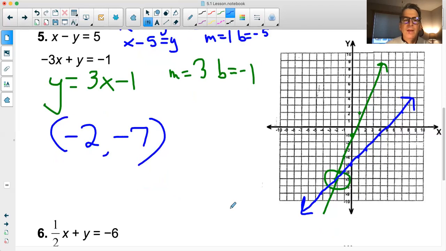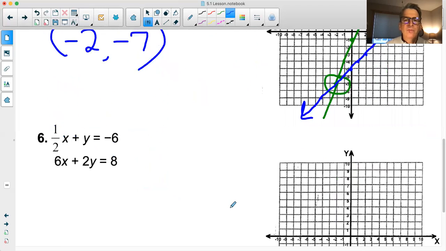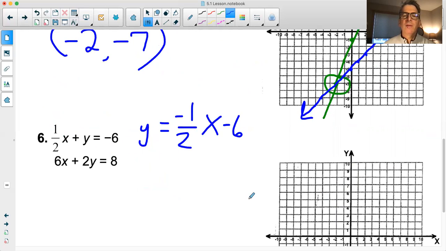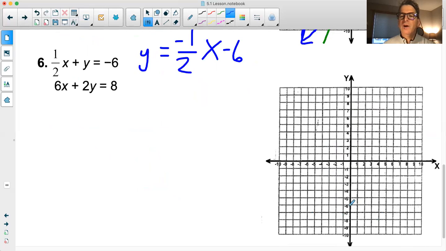Okay, let's start with this first one. Okay, so I'm going to subtract a half x from both sides. So I have y equals -1/2 slope x minus 6. Okay. So we'll start out here at -6, and then we have a negative slope.